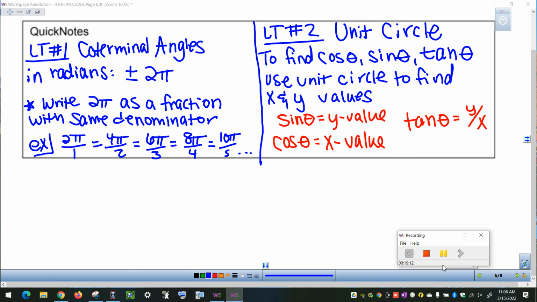I did want to say something quick here about problem number 1, part A, where it's having us sketch the angle. So the first angle that is given to us there is 7 pi over 8. And we haven't done anything with a denominator of 8. That's not an angle that is officially on our unit circle.